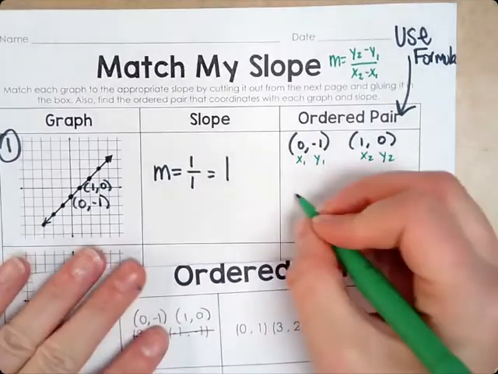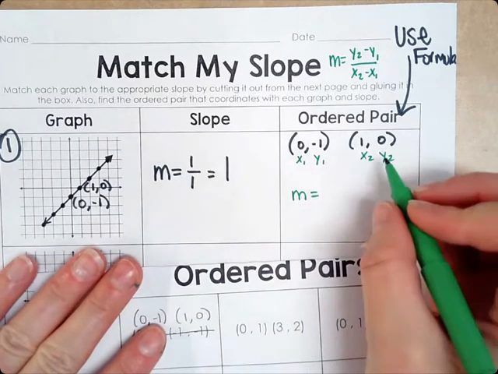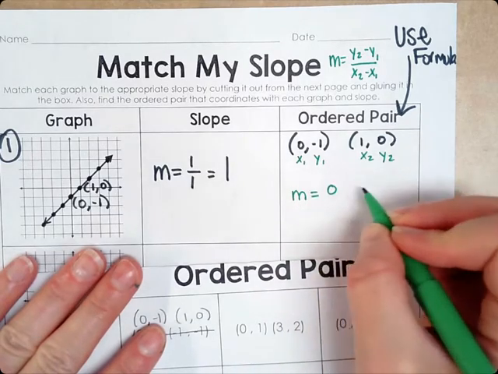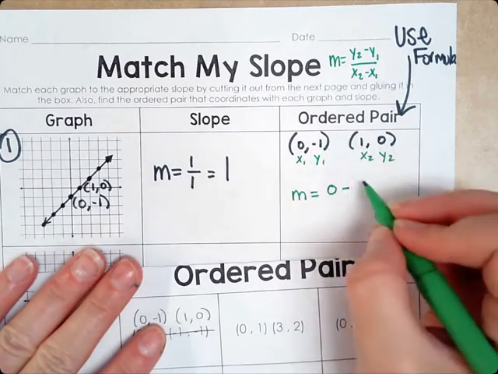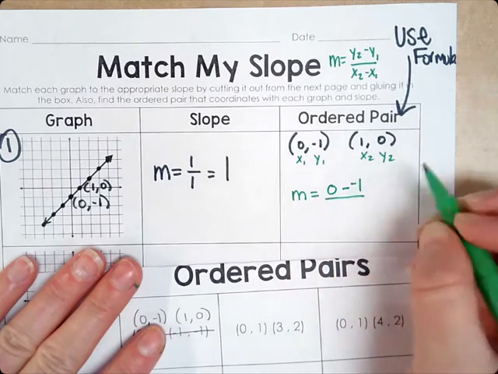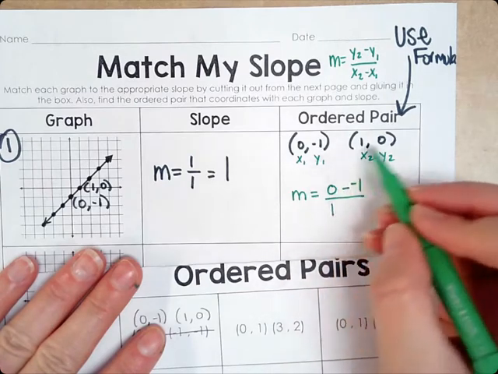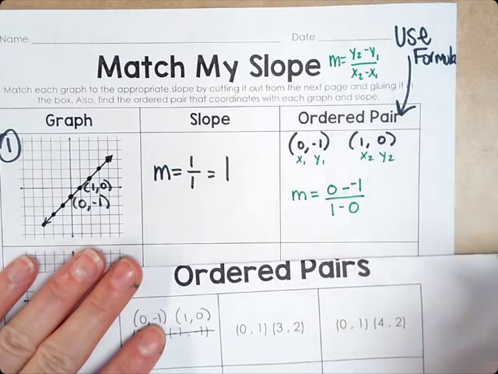So now write the numbers inside the formula. So y2 is 0, minus y1, negative 1, over x2, 1, minus x1, 0.